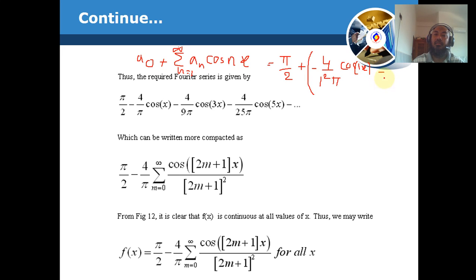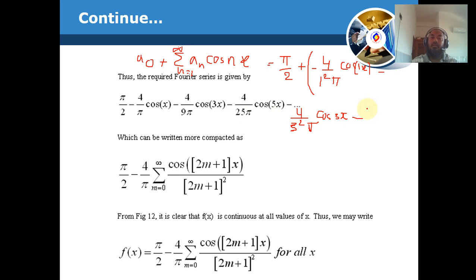And then minus again, for 3, 4 divided by 3 square pi cos 3x, right?